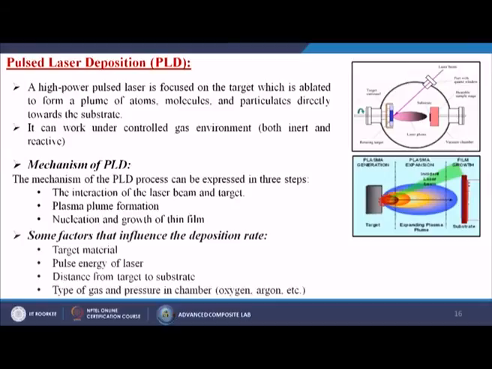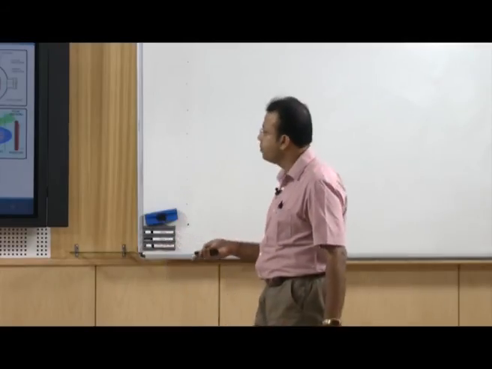Some factors that influence the deposition rate are the target material, pulse energy of the laser, distance from the target to the substrate, types of gas and pressure in the chamber, oxygen, argon, etc. So, here first you are having the target, you are using certain kind of plasma over there, then that plasma is directly hitting your target material, then it is making certain kind of gases or some kind of ions, or some kind of plasma expansion over there, then that expanding plasma plume is directly depositing onto your substrate and it is doing the growth of that particular material.